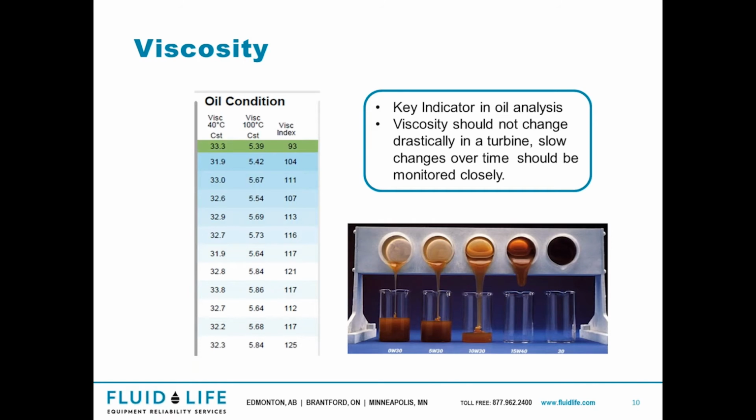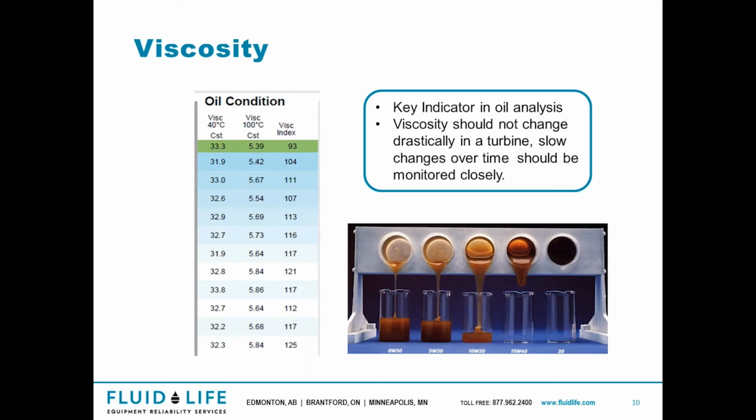So we're going to jump right into the tests and what they mean and what you're expected to see on a turbine. Viscosity is your number one test in terms of all samples should be getting this. And in a turbine oil, whether it's a mineral, a PAG, or an ester, it's going to remain fairly steady throughout the life of that oil, even through contamination of water or particles or anything else.